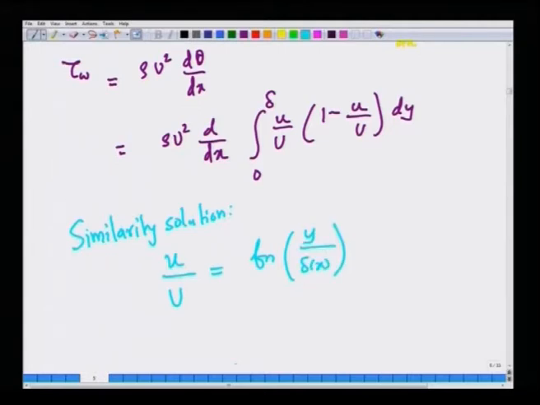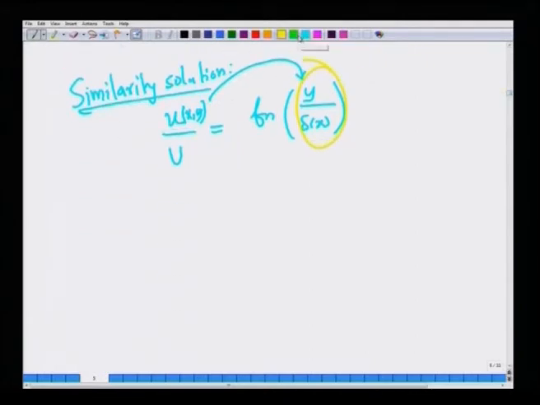Remember that delta is a function of x here. The velocity profile in the boundary layer is generally a function of both x and y, but the similarity solution puts a constraint on how it is a function of x and y. It is a function of x and y only through this combination y divided by delta of x. So, that leads to some simplification.